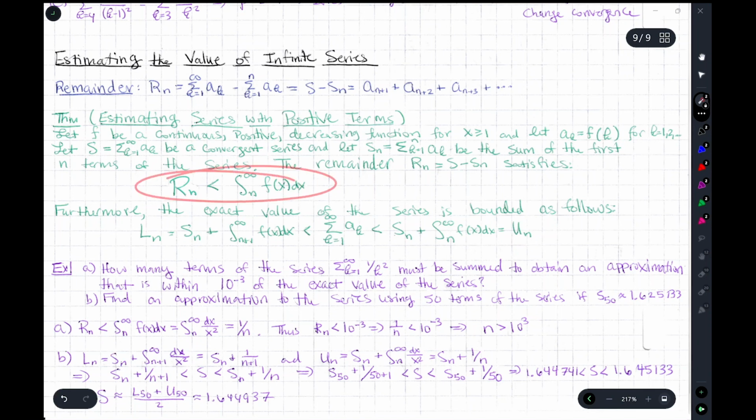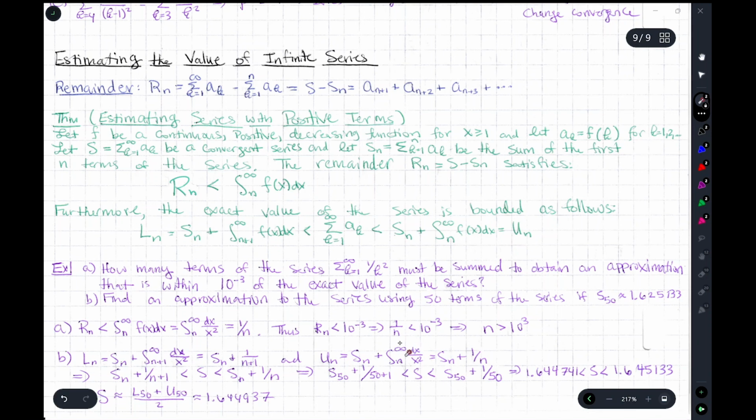Well, we have this theorem that tells us the remainder is less than that integral. If we take that integral, we'll get 1 over n. So we know that the remainder is less than 1 over n, and now we have a bound with n. So if we need Rn to be less than 10 to the minus 3, and we know that Rn is less than 1 over n, then if we make 1 over n less than 10 to the minus 3, we've fulfilled this condition.